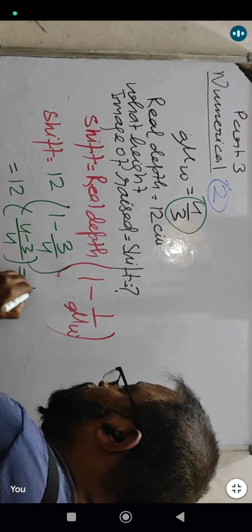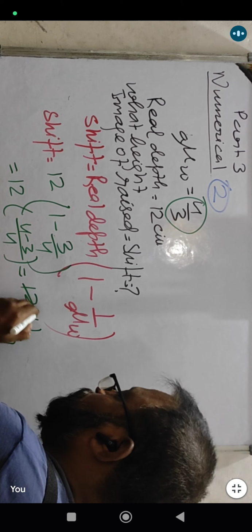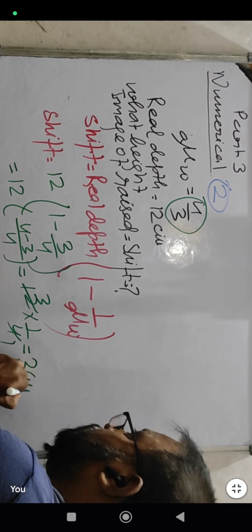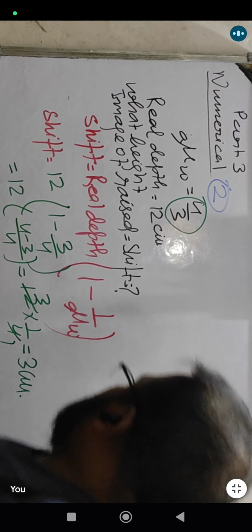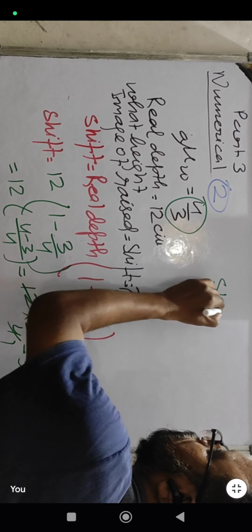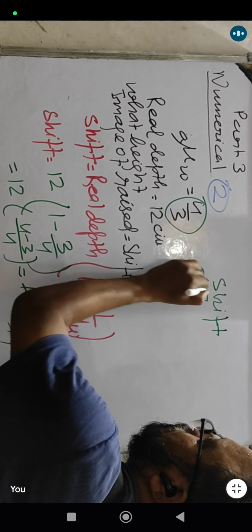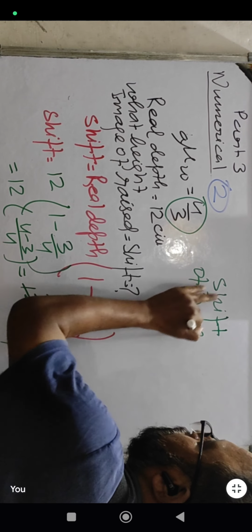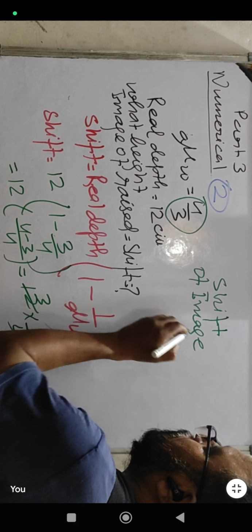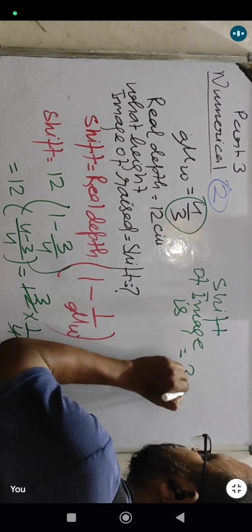So you get 12 into 1 upon 4, 4 threes are 12. It becomes 3 centimeter, right? So the shift of the image is 3 centimeter, right?